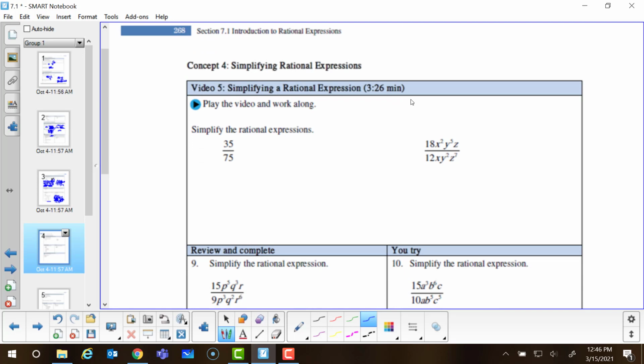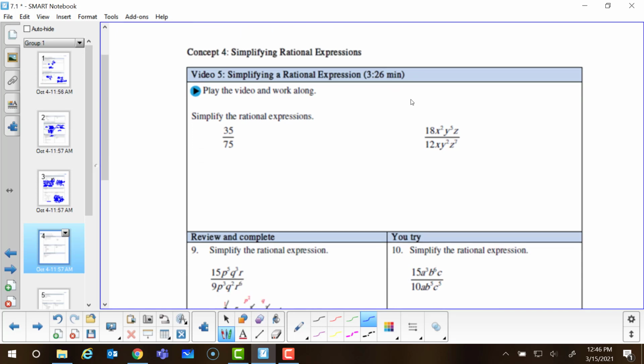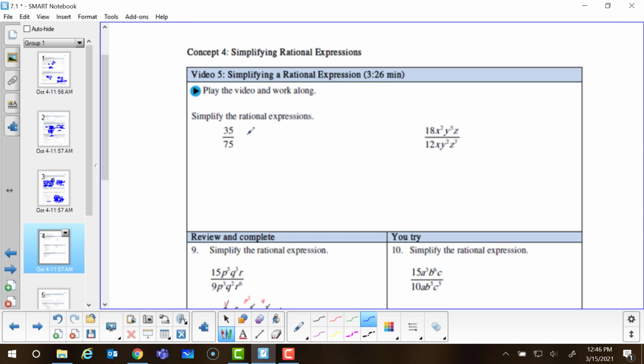All right, let's simplify some rational expressions. So simplifying rational expressions really is just reducing. And on these first ones, we're going to be using our exponent rules that we learned in a previous chapter. So on 35 over 75, we think of the highest number that will divide into both 35 and 75. So I know that 5 will go into both of them, so I'm going to divide both of them by 5.